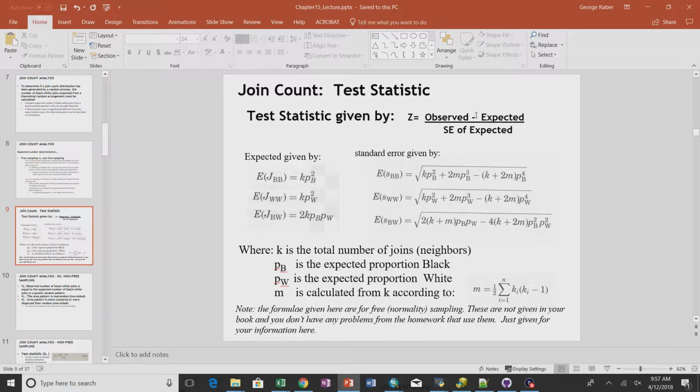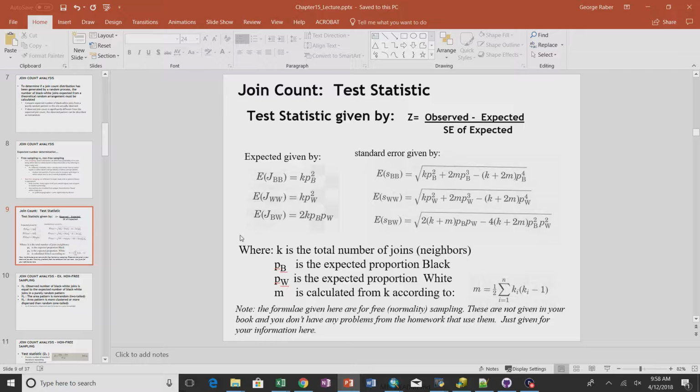And you could use any one of these lines. So in other words, you could use this line. So this would be if you wanted to calculate just the black values, the white values, or the black-white values. Most people use this one line right here. So basically, what we're doing here is looking at the black-white pairs.